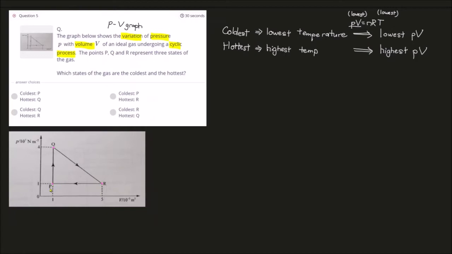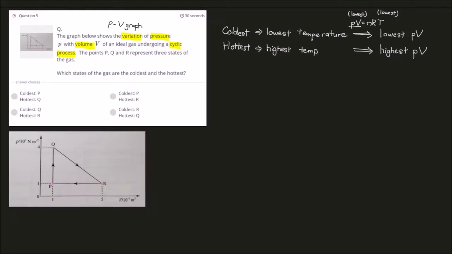So immediately you know that P will have the smallest product of P and V, because P has the smallest pressure among all 3 points, and at the same time P has the smallest volume among all 3 points. So it will have the lowest PV.